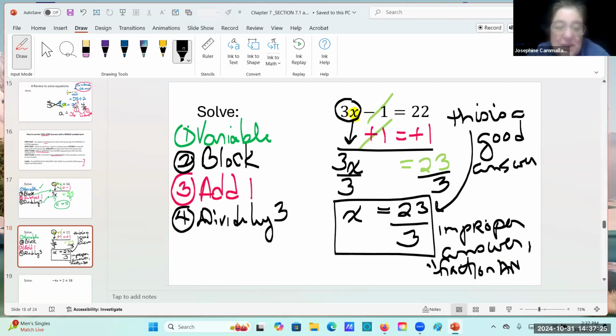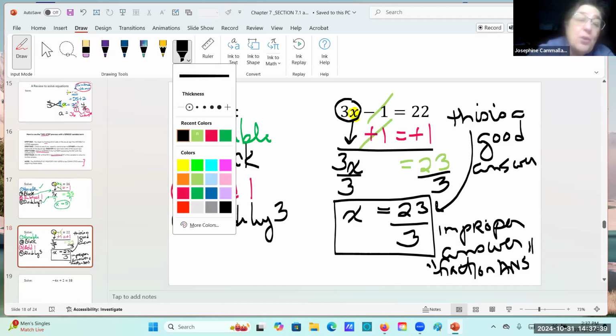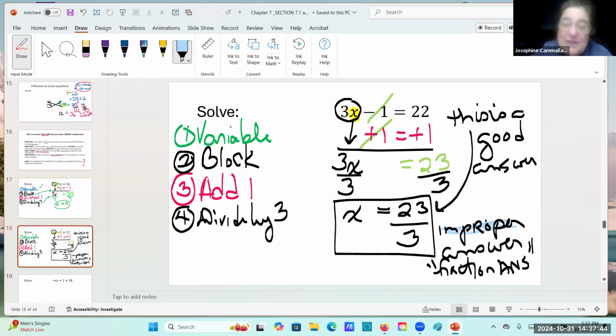We don't make it a mixed number. It stays as it is. Okay? So as you see, some answers we get whole numbers. Some answers we are going to get improper fractions. Improper are fine as long as I cannot reduce. Okay?